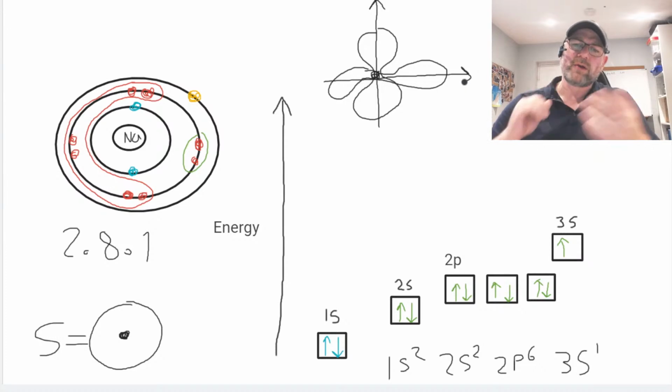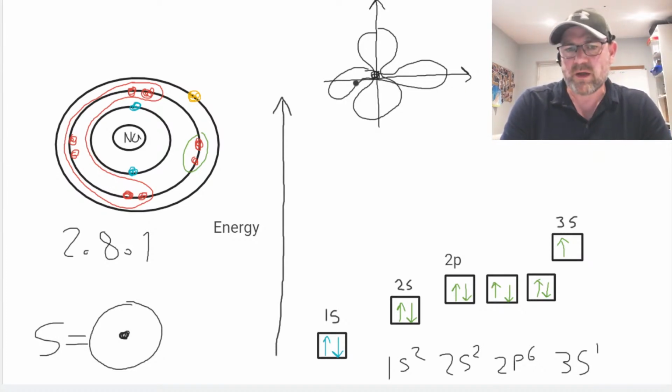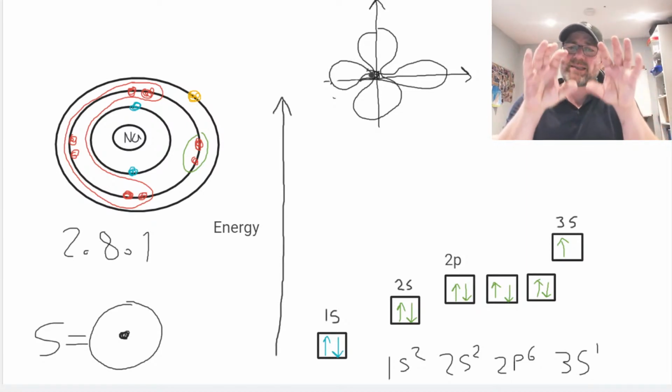Now at AQA, when you're doing this, you don't need to know about the structure of orbitals, but it's worth doing, although I have to say that's possibly the worst orbital that has been drawn in the history of orbital drawings. So we've got a dumbbell horizontal in a plane like that at right angles, the second p orbital.